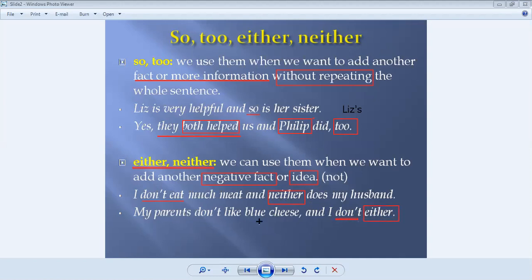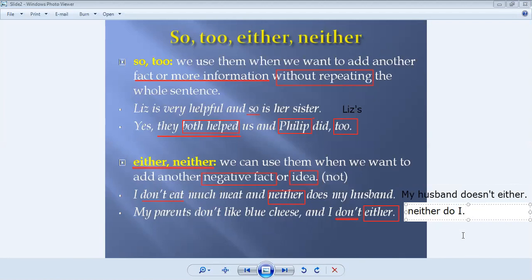I don't like blue cheese, and in the earlier sentence you can use it like this as well: I don't eat much meat, and my husband doesn't either. You can use this one, but here also you can say, and neither does my husband. I can say it like this.